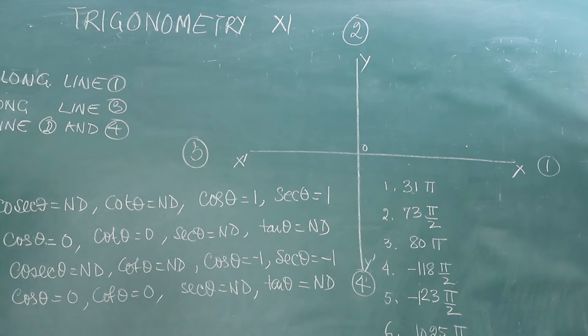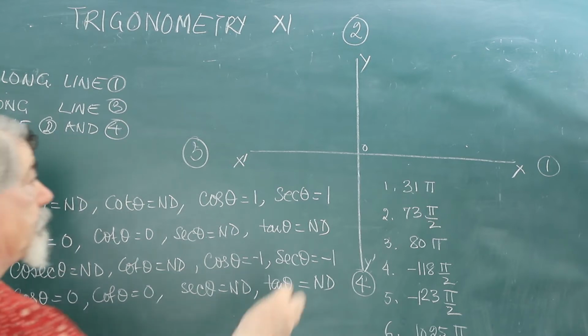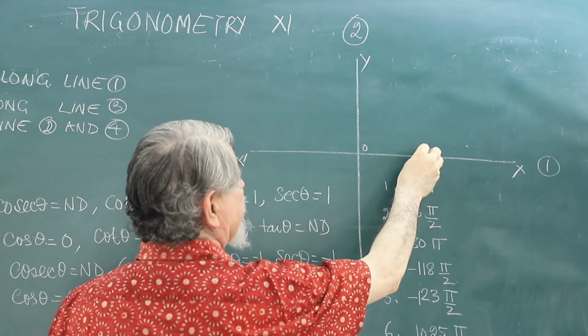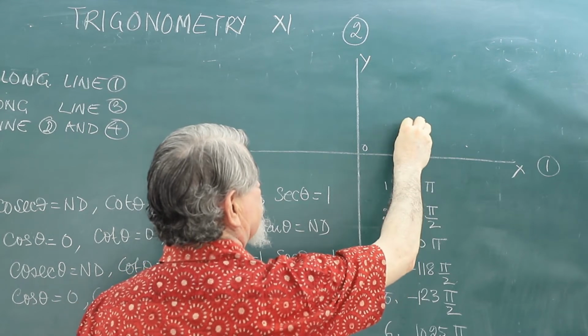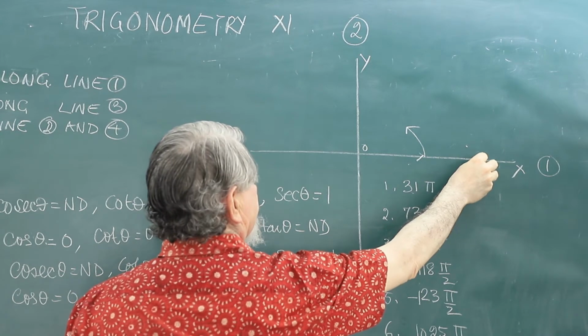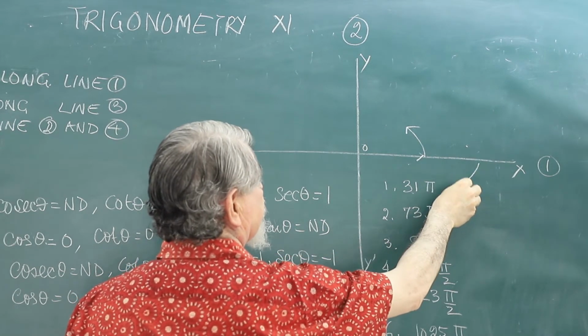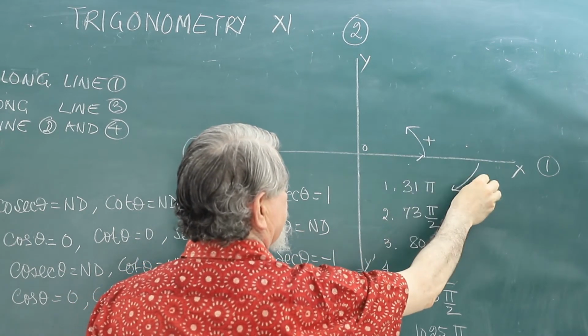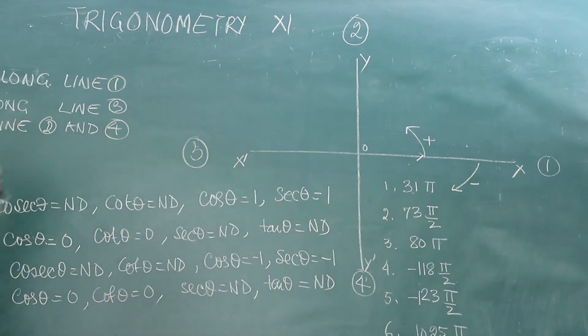Because your line will start from here, either we can go in the anti-clockwise direction, that is the positive direction, or we can go in the clockwise direction, which is the negative direction. Both ways it can be done, there is no problem.